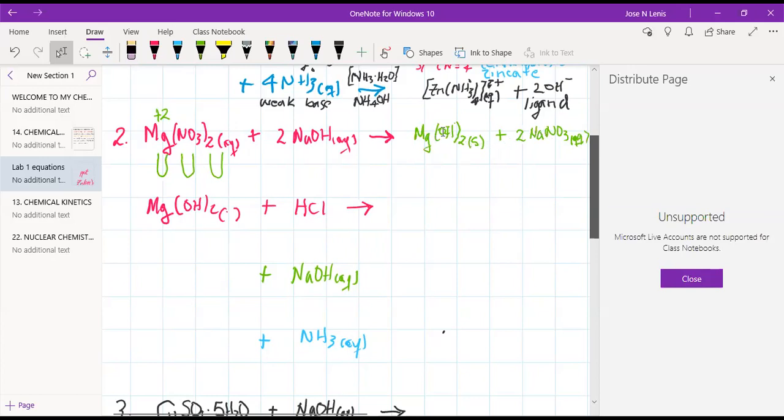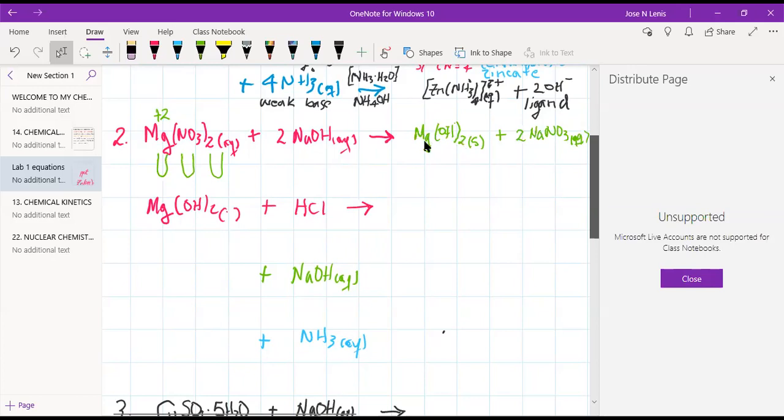This hydroxide: usually, metal hydroxides are insoluble, especially group 2 and transition metal hydroxides. All group 1 metal hydroxides are soluble, all of them. All right.